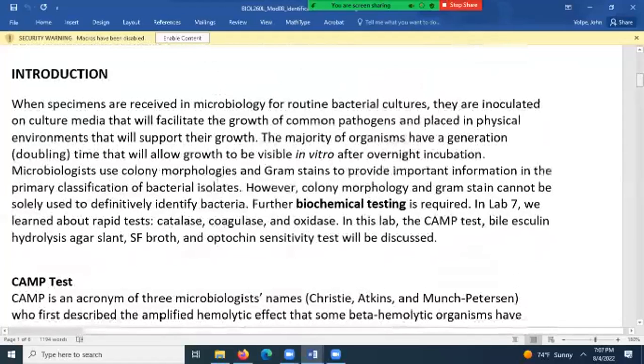When specimens are received in a microbiology lab for a routine bacterial culture, they need to be cultured on a culture media that will facilitate the growth of the common pathogens. And then they have to be placed in an environment to support their growth.